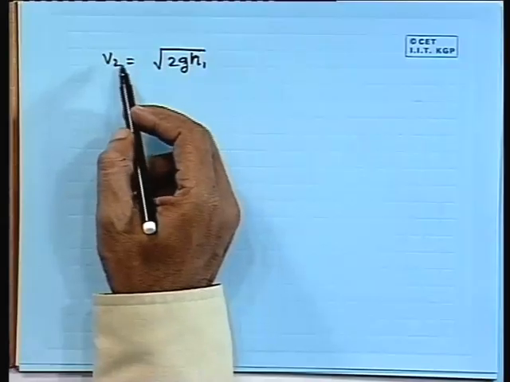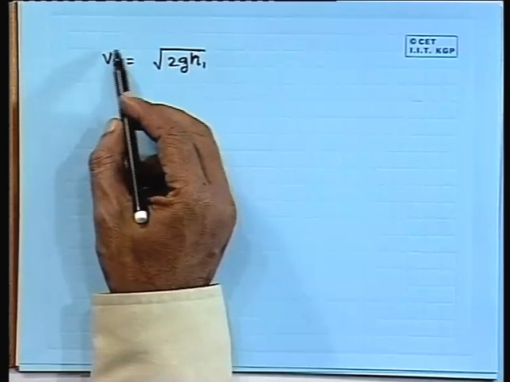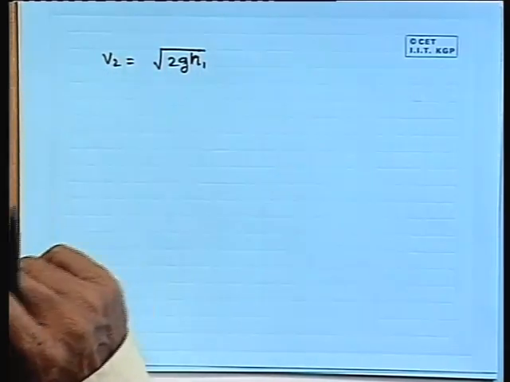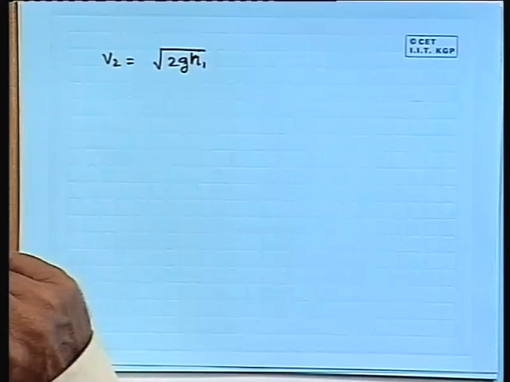So the corresponding velocity we have got. Now with V2, we can calculate Q, the flow rate. So the first question is answered.